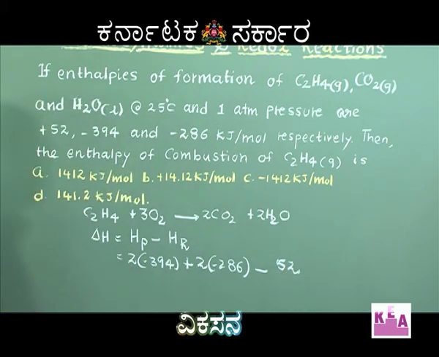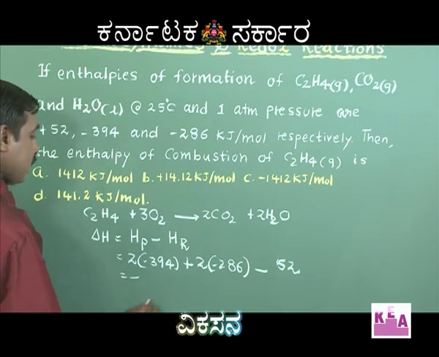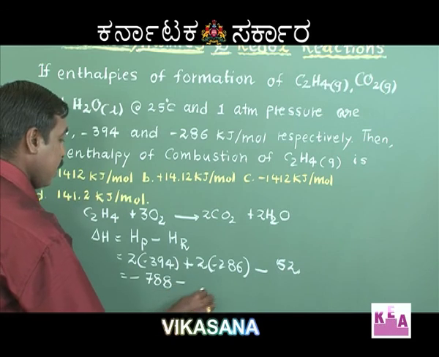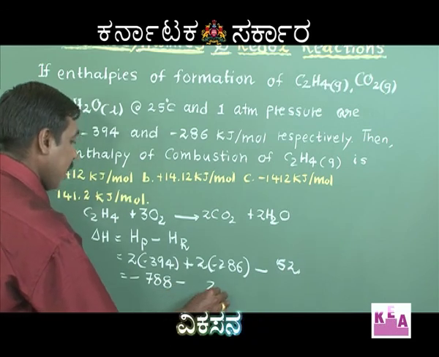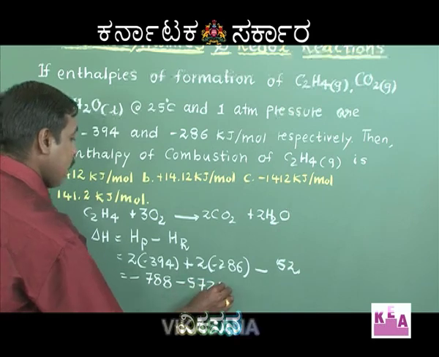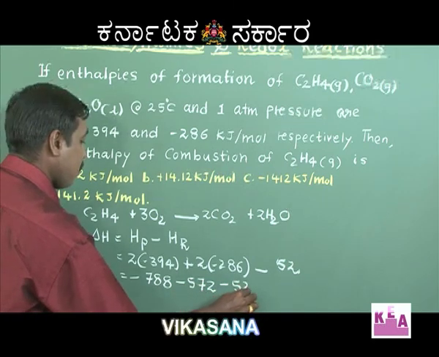For oxygen it is not given. Enthalpy change for that in the standard state is regarded as 0, so we do not need to search for it. Now as I try to solve it, I have minus 788, minus 572 and minus 52.